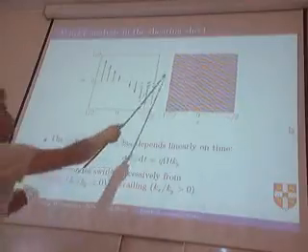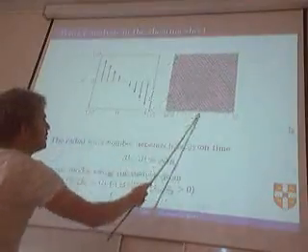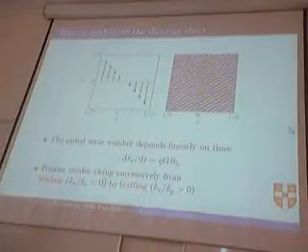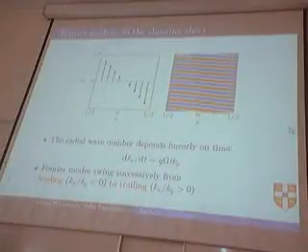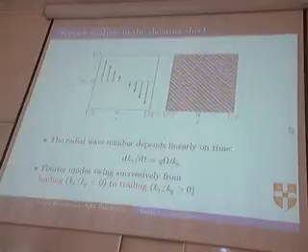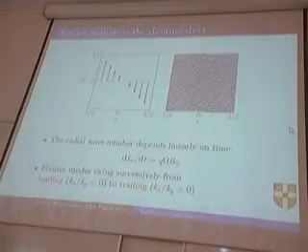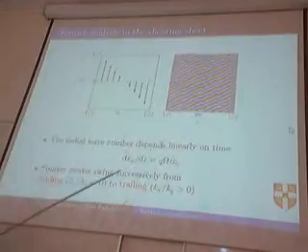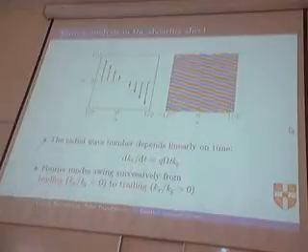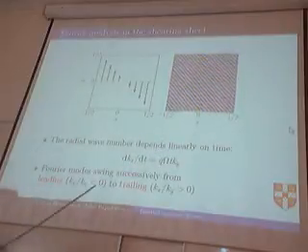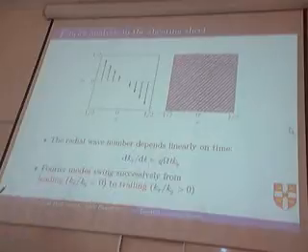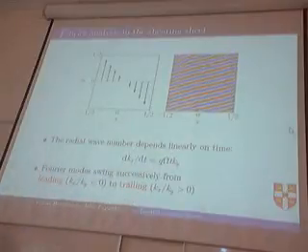You always identify points on these lines. All this means that the radial wave number is not constant but evolves linearly in time, proportional to time and to ky.